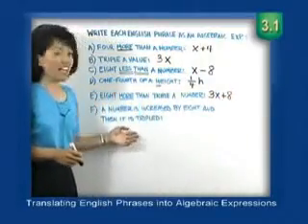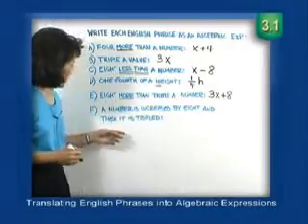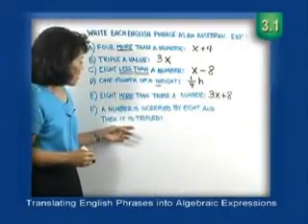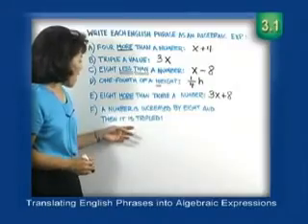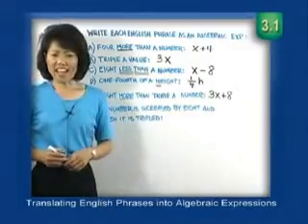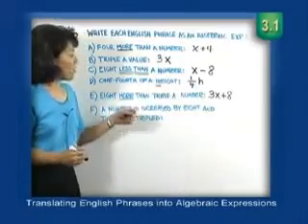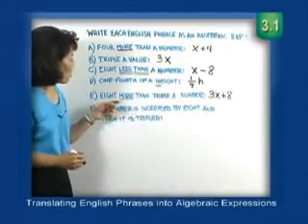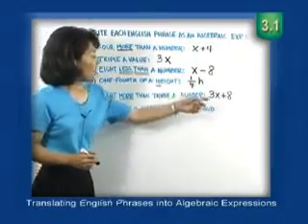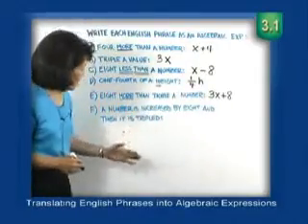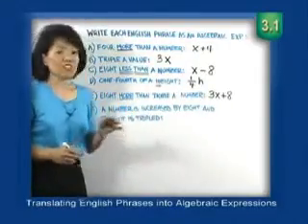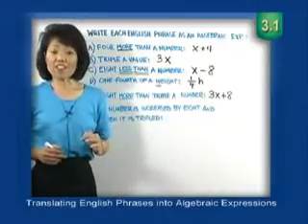Let's try one last one at the bottom here. A number is increased by 8 and then it is tripled. Very similar to this one we finished. This one that we finished, remember, was 8 more than triple a number. This one says a number is increased by 8. That's the first step.